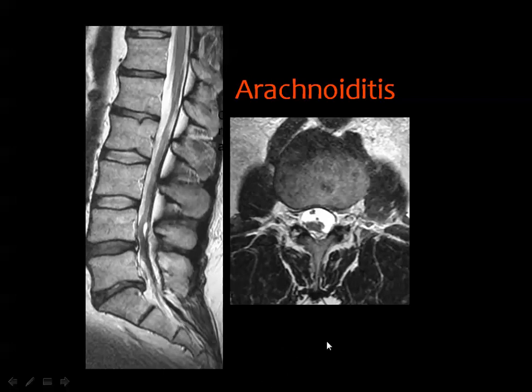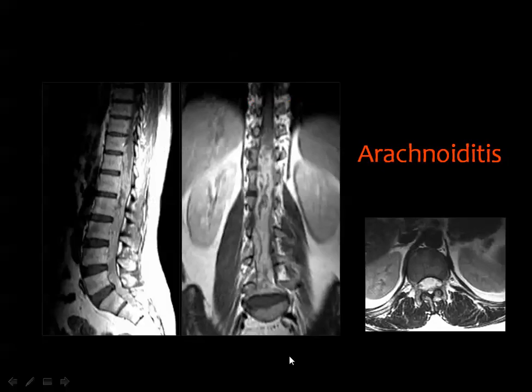But in the axial image, it is easy to see the nerve roots that are clumped together or adherent together inside the thecal sac, forming what's known as the pseudocord sign.